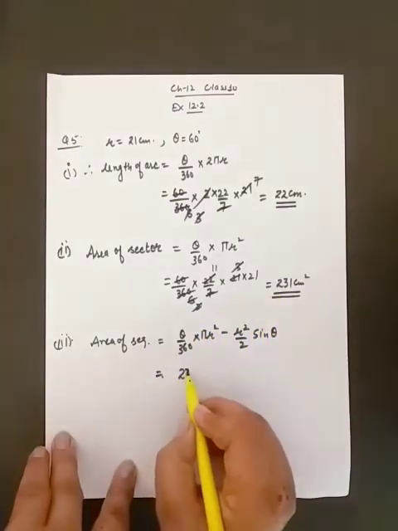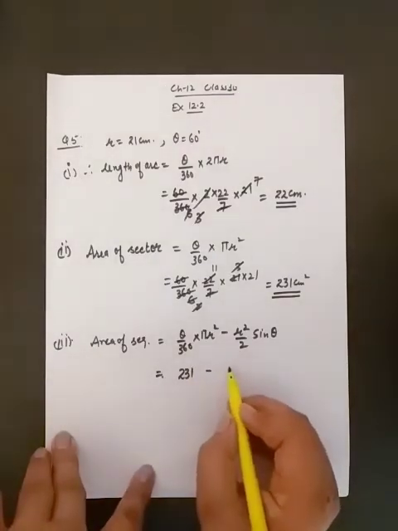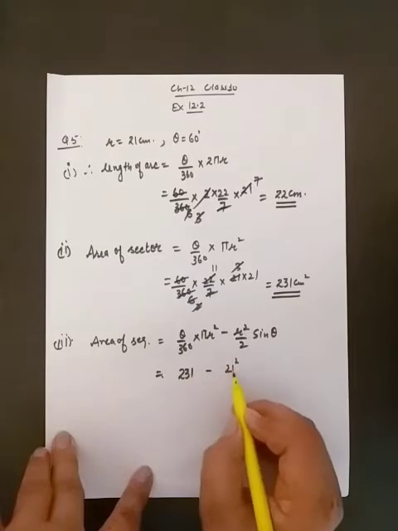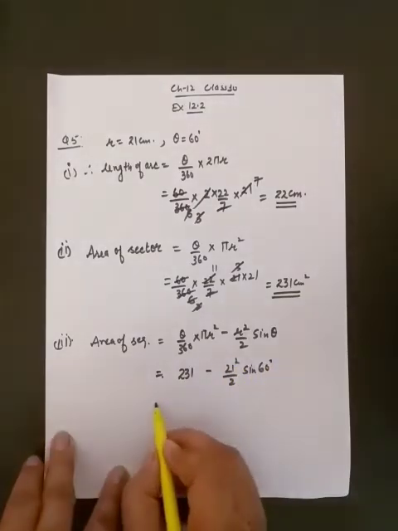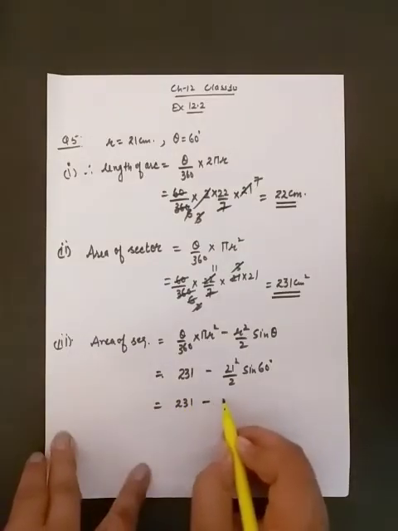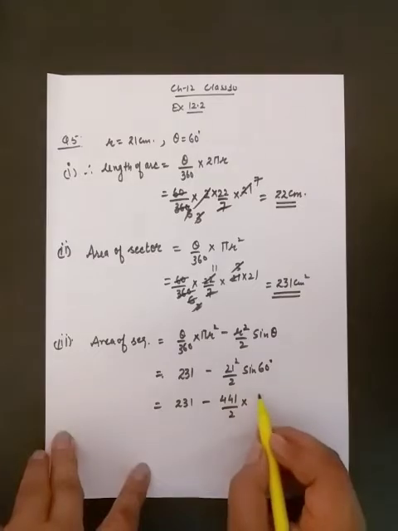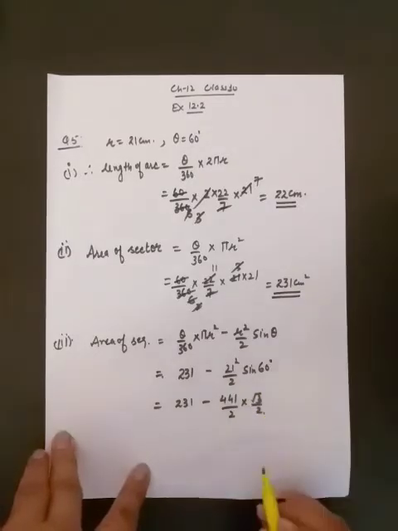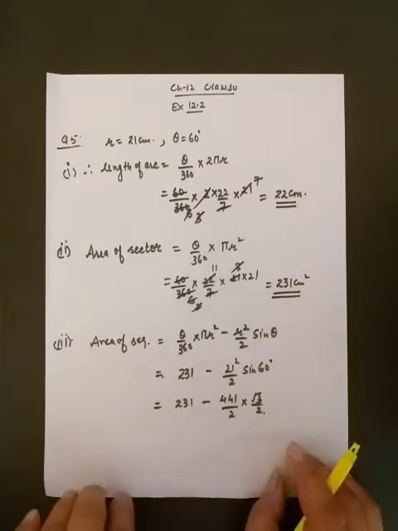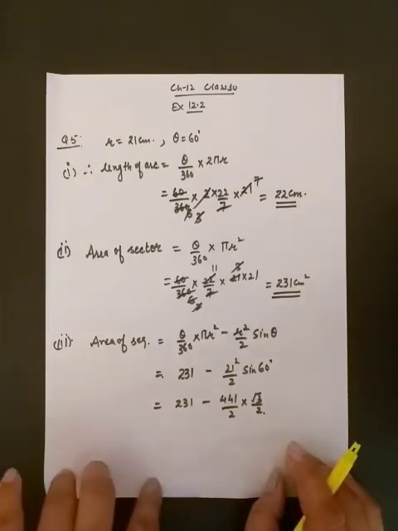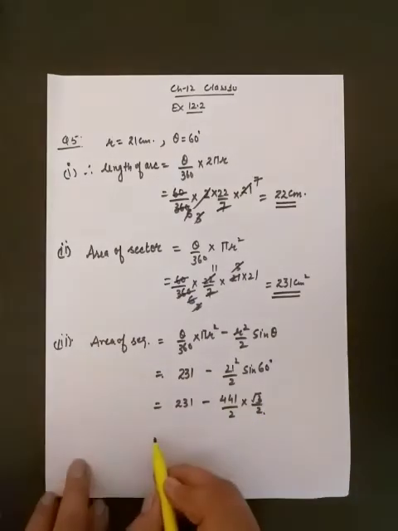So we can directly write here 231 minus r square, 21 square by 2 and sin theta. Theta is 60. It means sin 60. It will be 231 minus 441 by 2 and value of sin 60 is under root 3 by 2. Now value for root 3 is not given in this question.